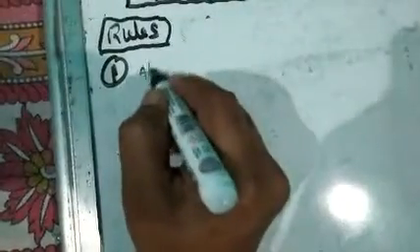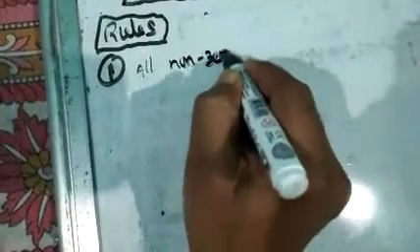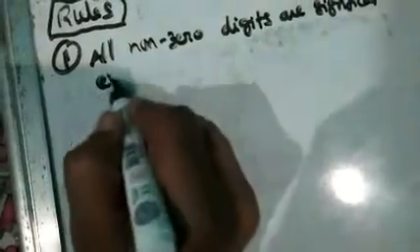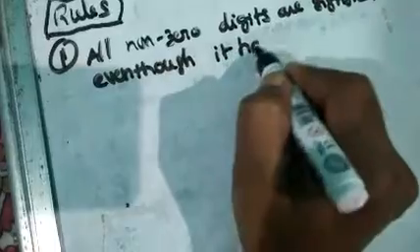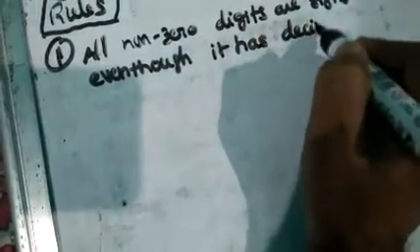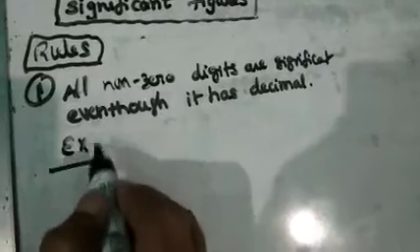All non-zero digits are significant, even though it has a decimal. So try to understand this thing. I will give you examples, you will understand easily.